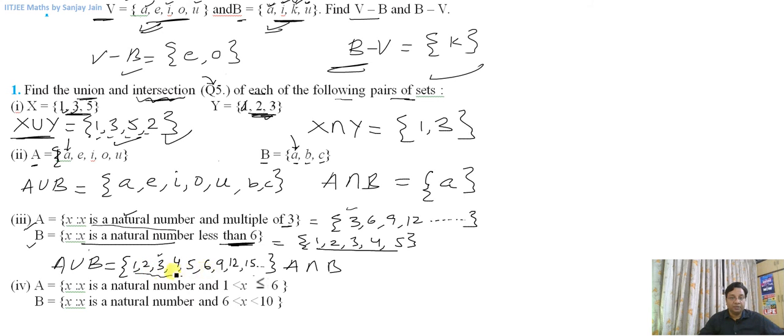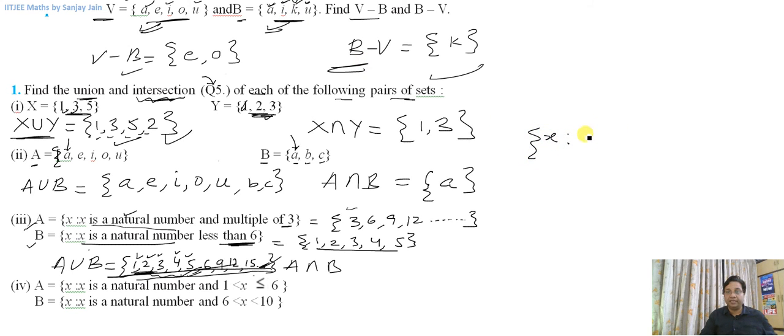If you start from here, it is 1, 2, 3, so the first element should give you the pattern. So let me find another way. I cannot write it in roster form. I hope you've got the idea that I'll have all the multiples of 3 as well as 1, 2, 4, 5 in that. Now let me write it in set builder form.